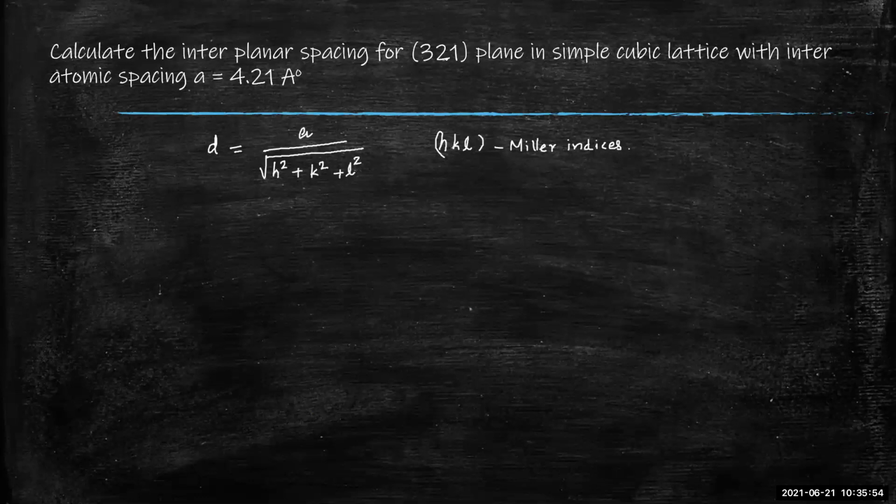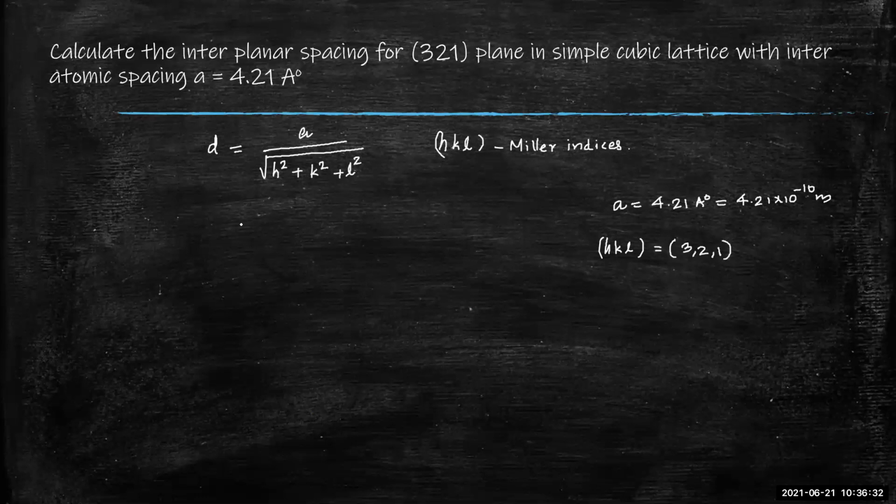They are given in the question: hkl is 321 and A is also given. A is equal to 4.21 angstrom, that is equal to 4.21 into 10 raised to minus 10 meter. And the hkl parameters are also given, that is equal to 3, 2, 1.